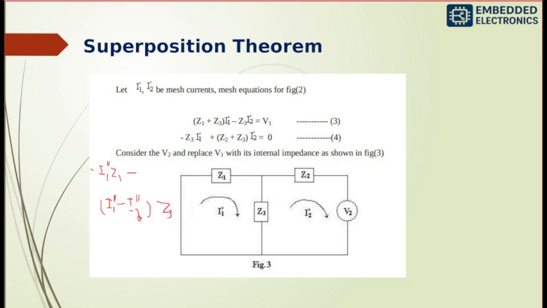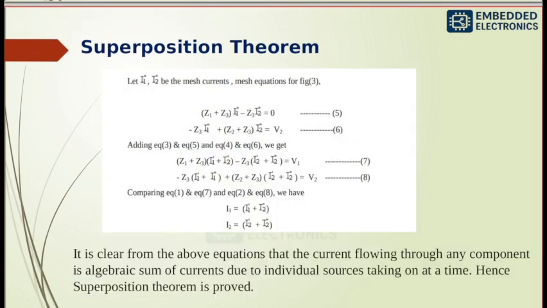If we move this to the right side, then it will become positive. Now you need to multiply I1 double dash into Z3 minus I2 double dash into Z3. Then it will look like this.